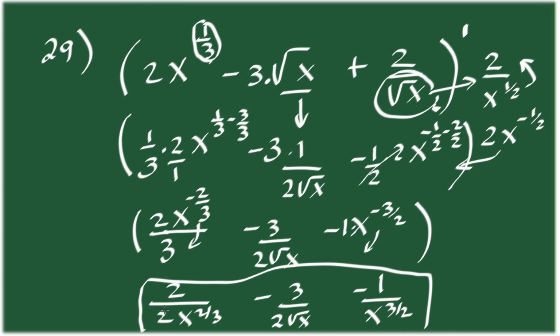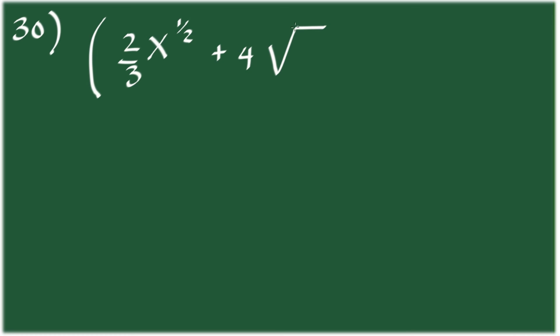Okay, let's look at the last example. Let's say we have a similar one: 2/3 of x to the 1/2 plus 4, but instead of square root, it's cube root. And then that same cube root of x is downstairs over here.